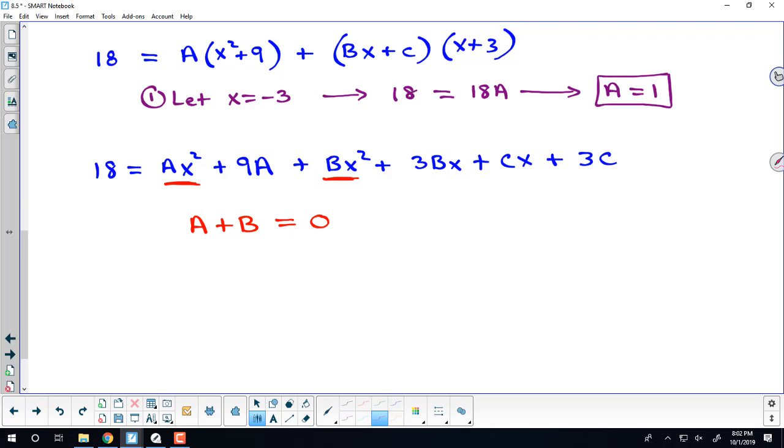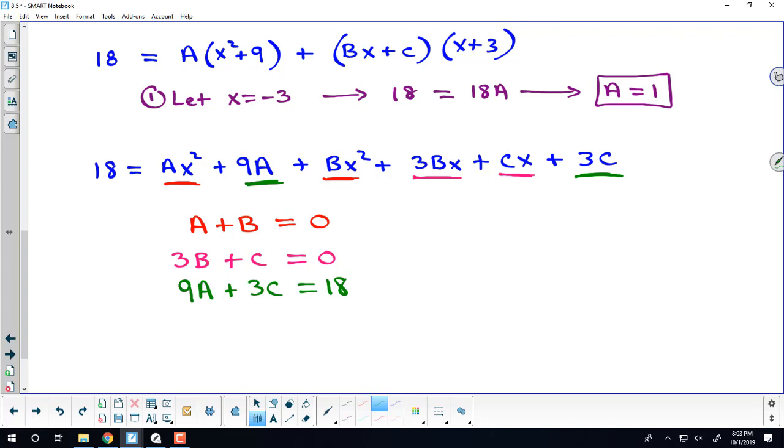Our x terms also equal 0, so 3b plus c equals 0. And our constants, 9a plus 3c has to equal the constant 18. All right, so that's the system that we would come up with.